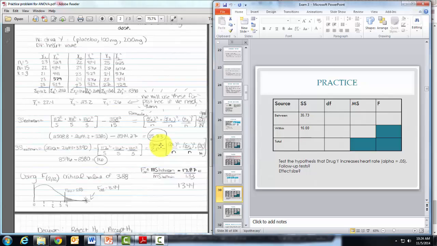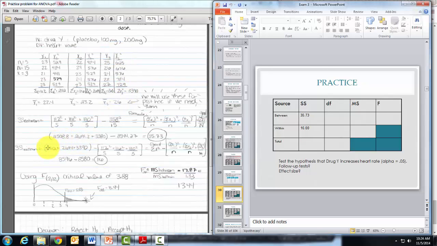For this one, we want to take each group's sum of x squared and add them together. We're going to use our sum of x squared for group 1, which is 25.12, add that to the sum of x squared for group 2, which is 26.94, and then for group 3, which is 33.90.